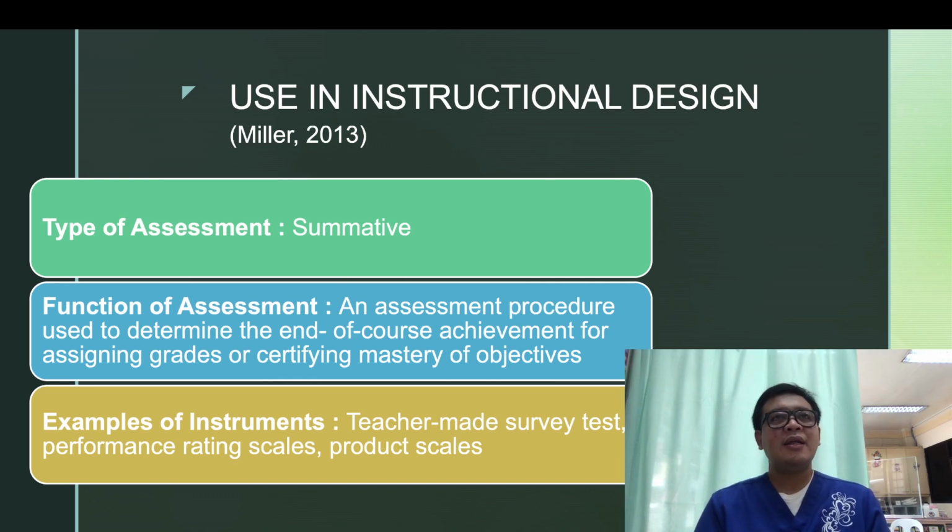Performance rating scale, just to give a very good example, is to do return demonstration. It's one way for us to evaluate if our students were able to perform all the essential items, the important things that they have to perform in front of a clinical instructor or even a teacher, and product skills.